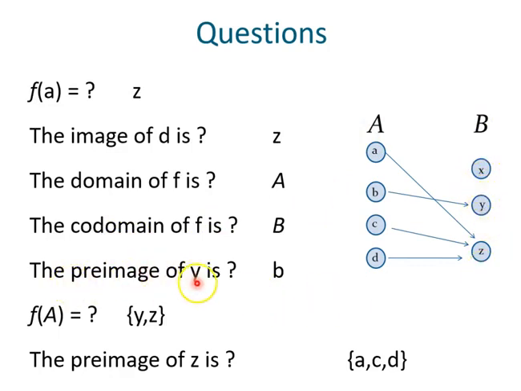And the preimage of y is b. f of A, the image of A, this is y and z, the set of all images, y, z. The preimage of z consists of all elements of A that map to z. So a, c, d. The preimage of z consists of this subset of A.